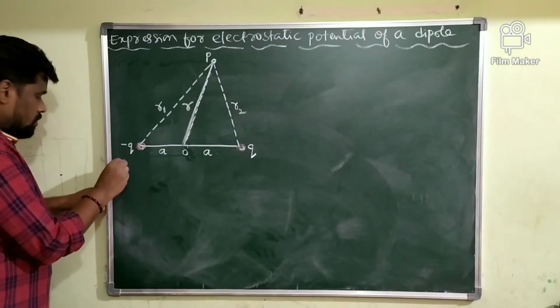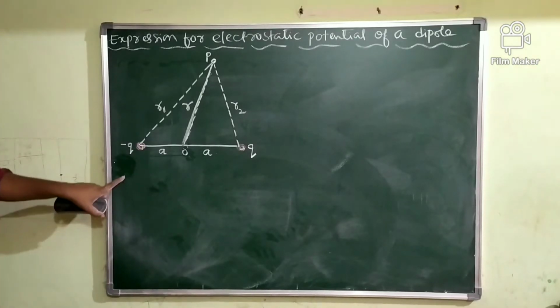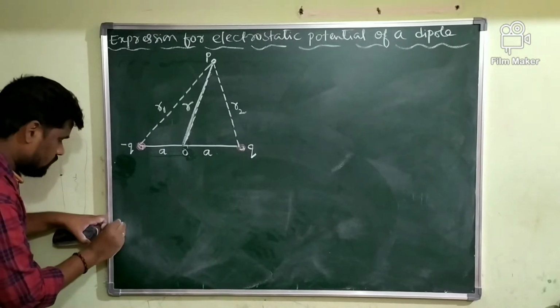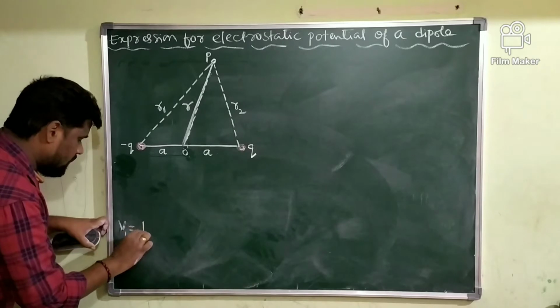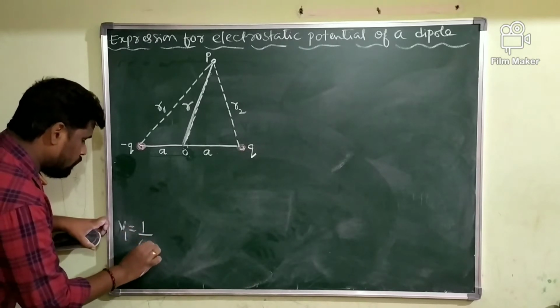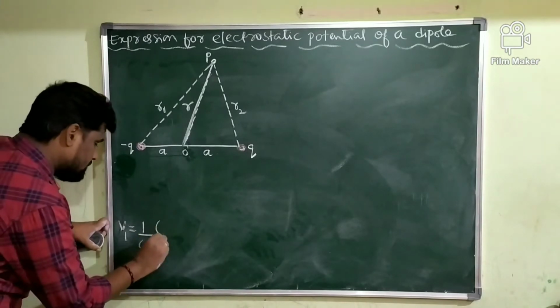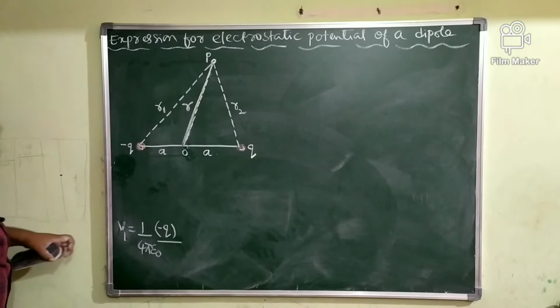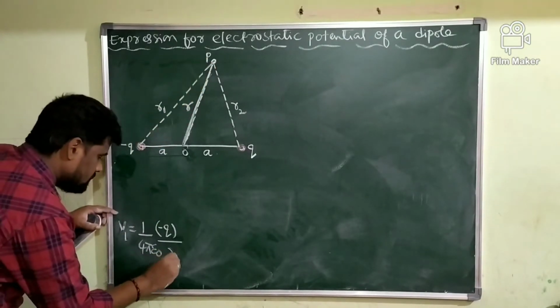Potential at point P due to minus q charge. I will write V1 as 1 divided by 4 pi epsilon naught. Charge is minus q divided by distance of a point from the charge. How much is it? r1.